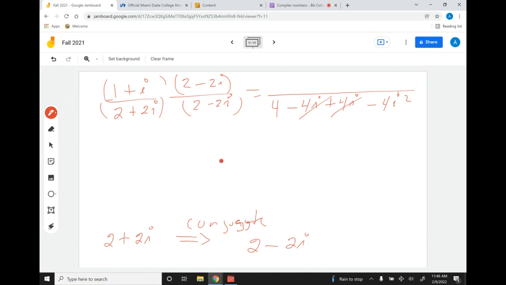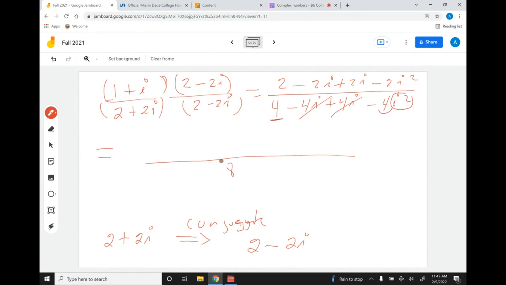My numerator: 1 times 2 is 2, 1 times -2i is -2i, i times 2 is 2i, and i times -2i is -2i squared. Again, i squared is negative 1, times this negative gives positive 4. Added to this 4, you get 8.